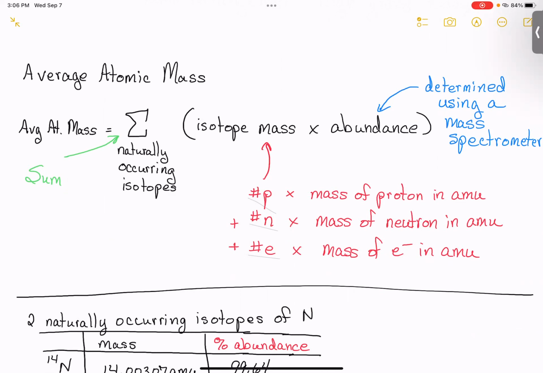That number is going to be equal to the sum over all naturally occurring isotopes of the isotope's mass times their abundance.